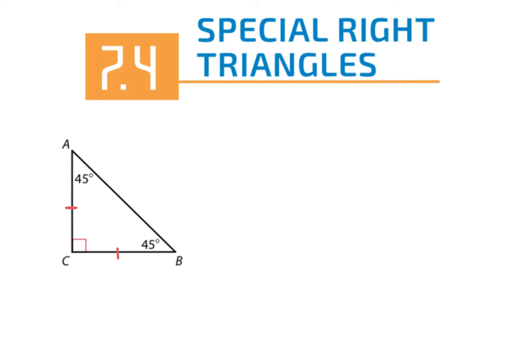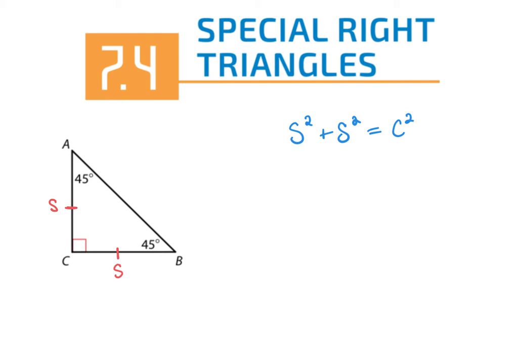Which means if my side length here is s, my side length here must be s as well, correct? All right? So then how do I solve for my hypotenuse? Pythagorean theorem. Yes? Everybody agree? So if I want to solve for my hypotenuse here, I'm going to say a squared plus b squared equals my hypotenuse squared.